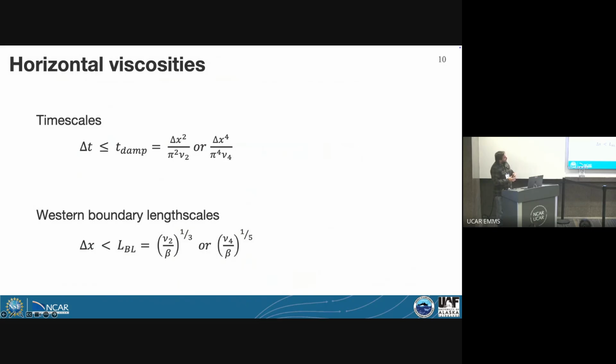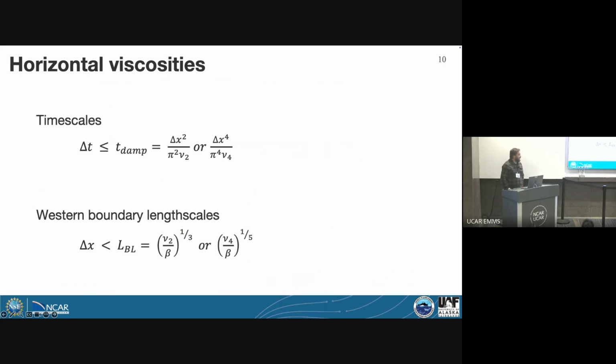Alistair touched on that earlier. Another consideration that we are used to is going back to the Munk layer. So you have the Western boundary length scale, and you want your delta x to resolve that boundary length scale. The implication was that way back when we tended to have coarser models, sometimes you had to bump the viscosity so that you would resolve it.